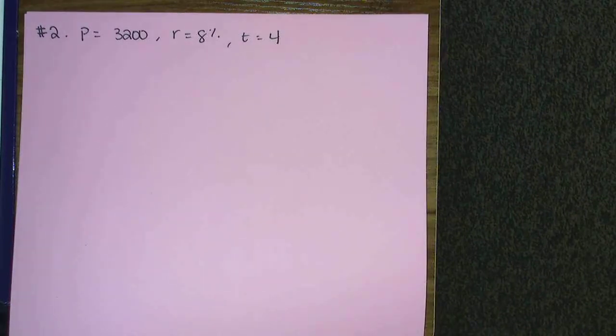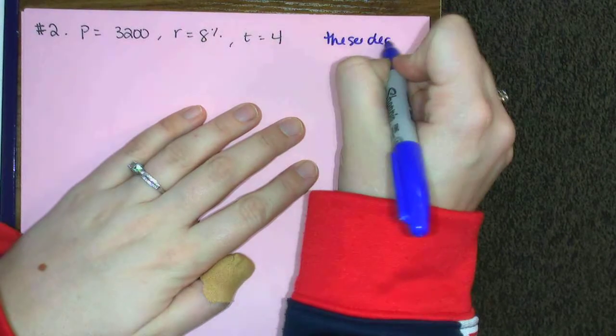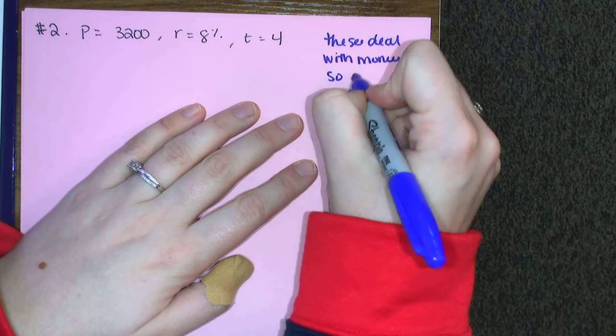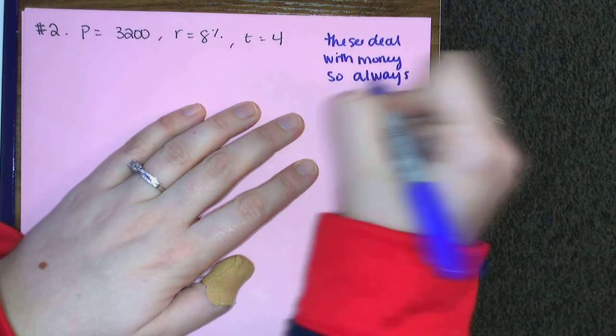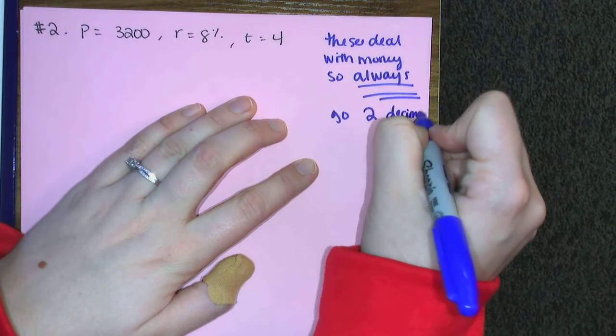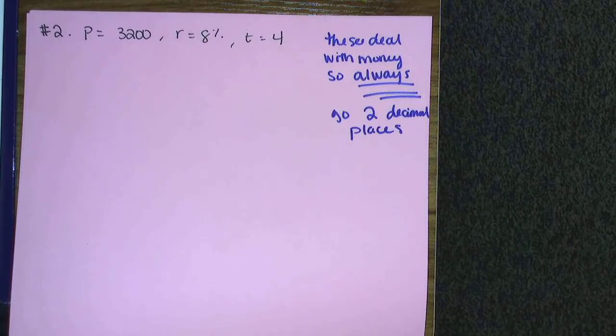Okay, and just a note here really fast. These deal with money. So always go 2 decimal places. Okay, don't tell me it's $4,000.1.